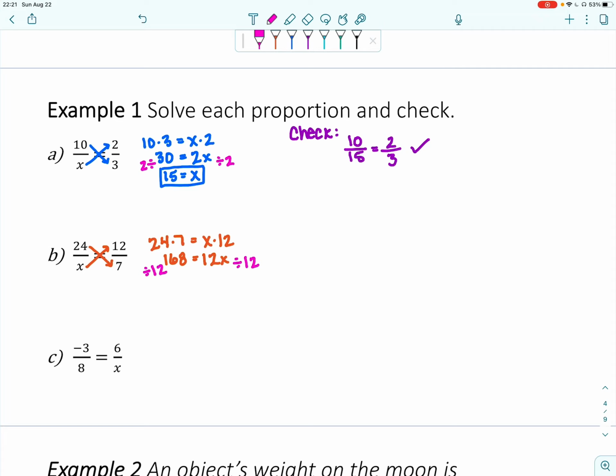And 168 divided by 12 is 14. So 24/14 equals 12/7. And when we plug those into the calculator, we get the same exact number. Not just similar, not close, exactly the same number in the calculator.